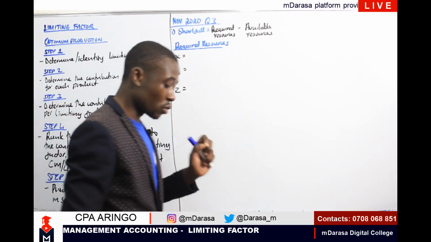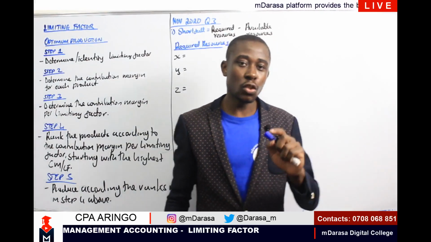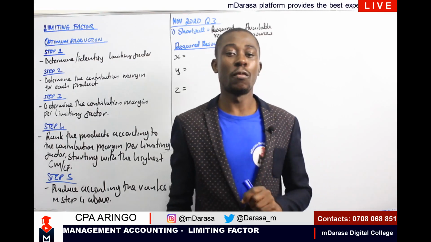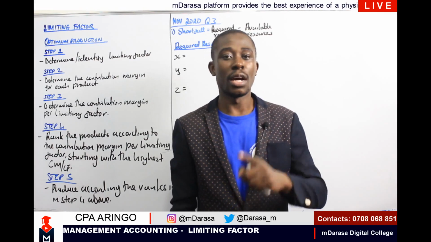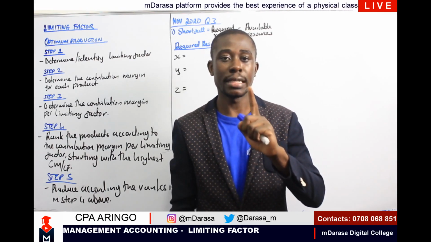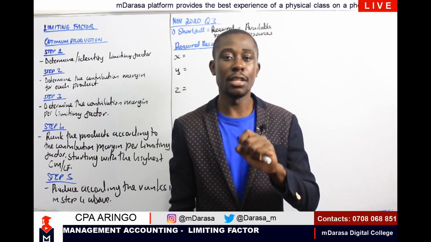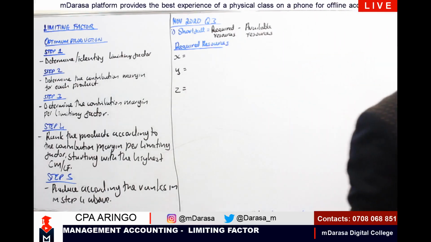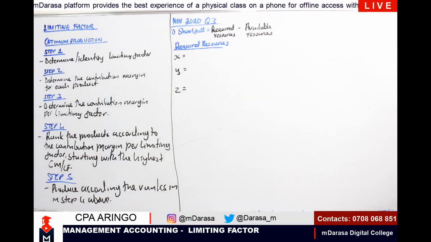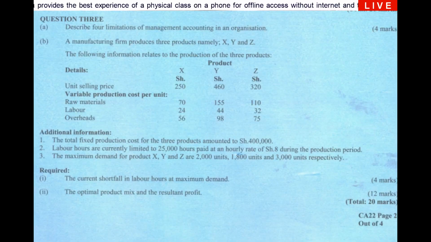Now, I want us to determine, for us to produce 1 unit of product X, how many hours did we require? This is the question, my good students. Here is what you are told. Look at note number 2.